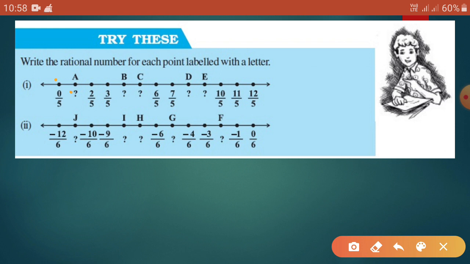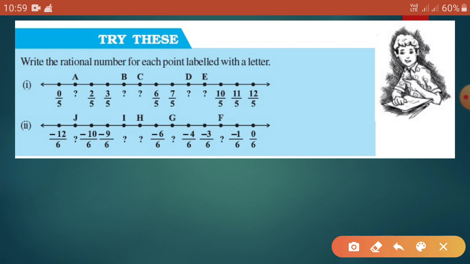So next will be 1 by 5, next will be 2 by 5, 3 by 5, next is B point is 4 by 5, C is 5 by 5, then 6 by 5, 7 by 5, then 8 by 5, then E will be 9 by 5, and so on. Because the segments are divided by 5, all the rational numbers will have 5 as the denominator.